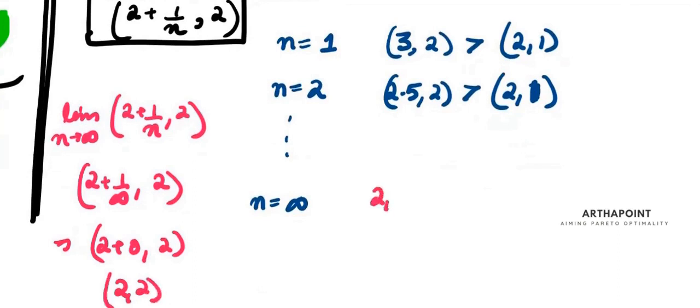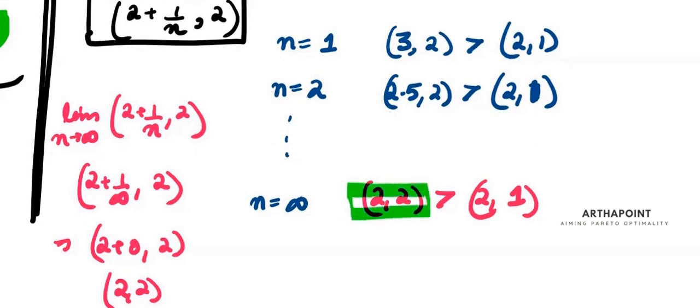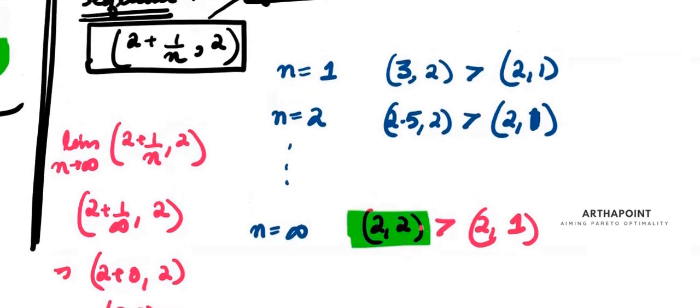So I will get (2, 2). And I'm saying this is also preferred over (2, 1). This is actually S, the bundle S. This entire sequence of bundles is converging to (2, 2).